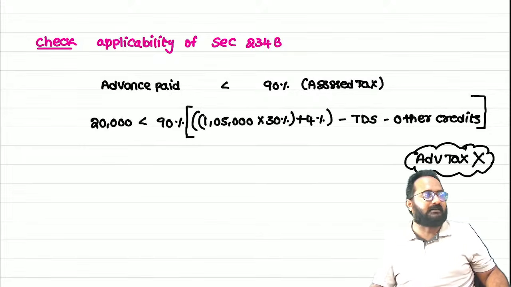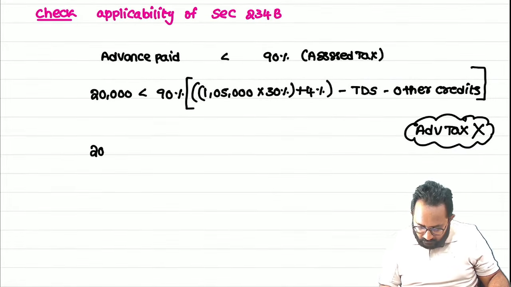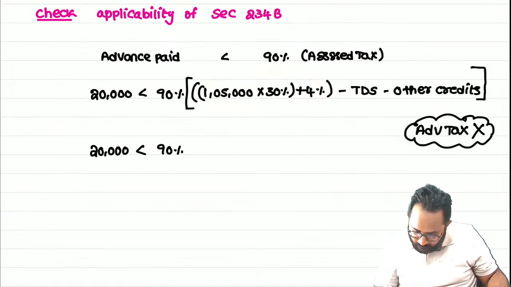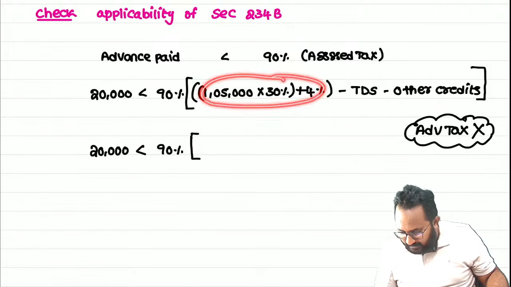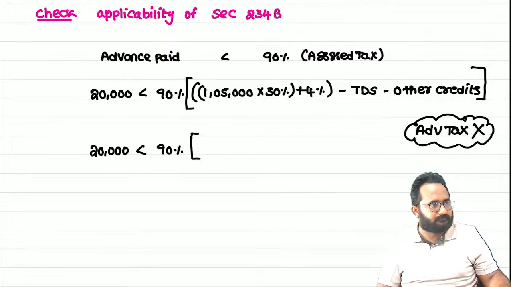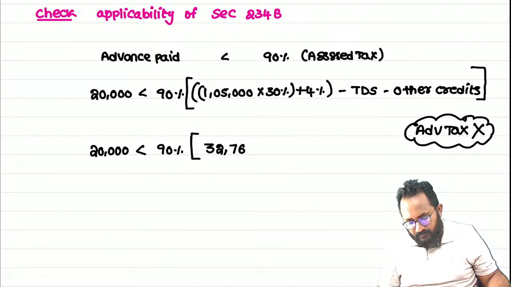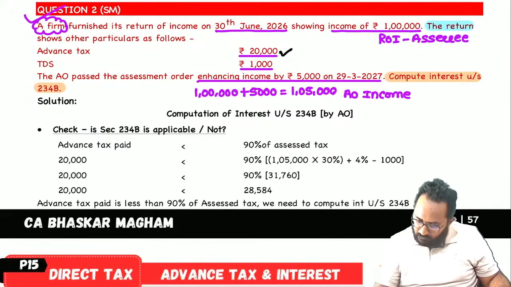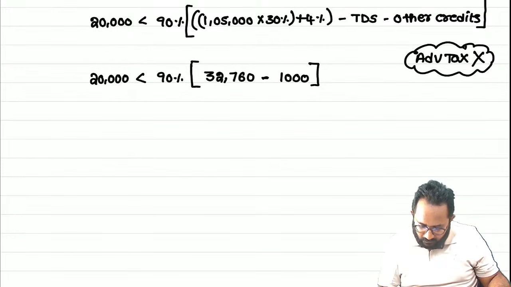Please simplify: 1,05,000 into 30% plus 4% is 32,007, minus TDS given in the question, 1,000 I think. Other credits are not there.